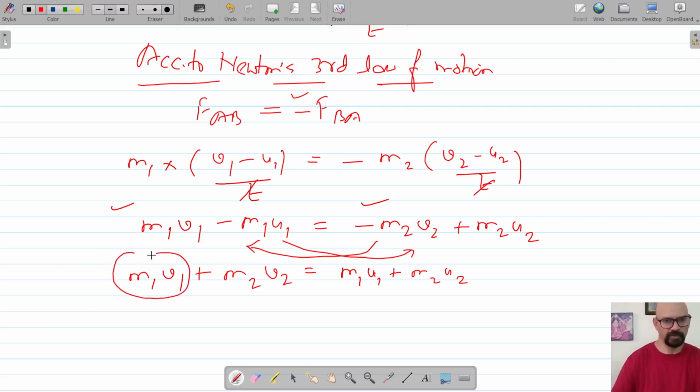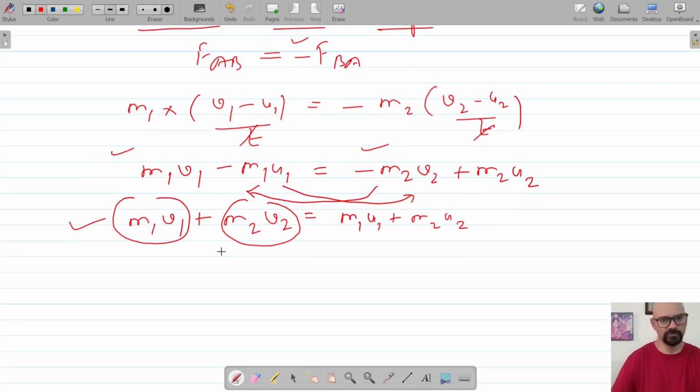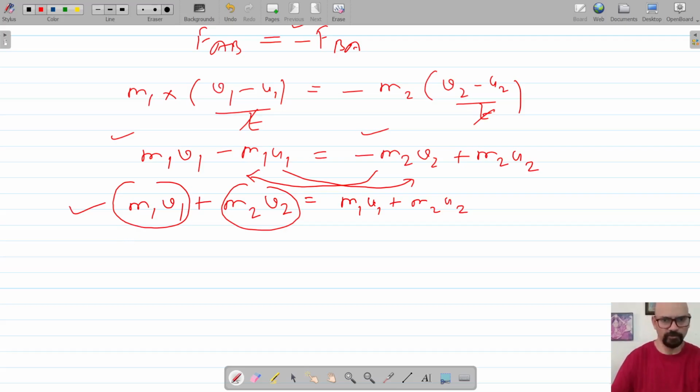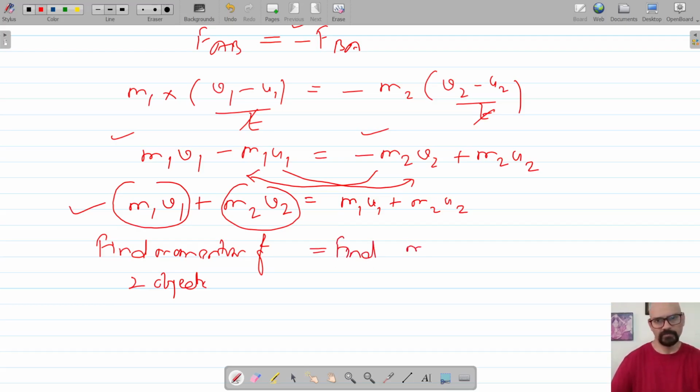Now m1 v1 is the final momentum of object 1 and m2 v2 is the final momentum of object 2, so this is the final momentum of the system A and B. And this is the initial momentum, because this is the initial momentum of the first object and this is the initial momentum of the second object.